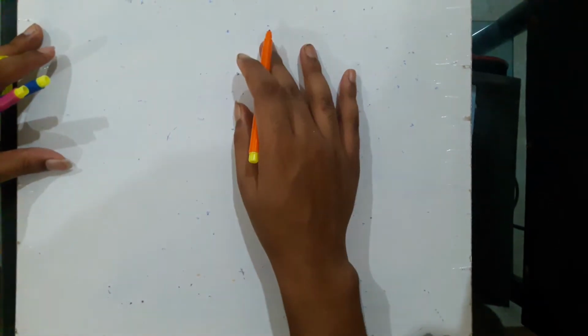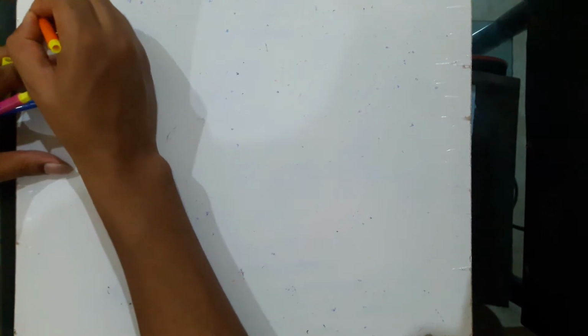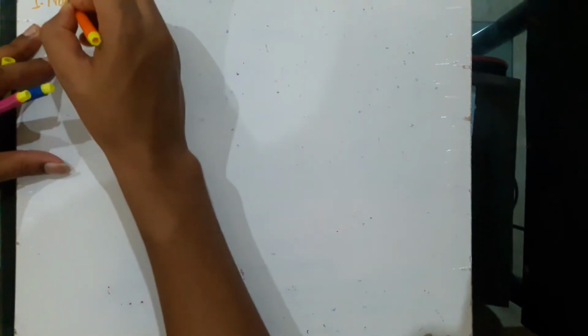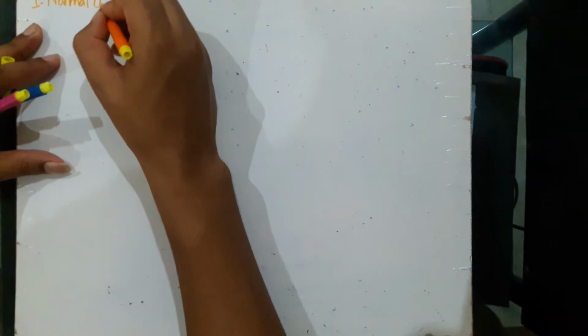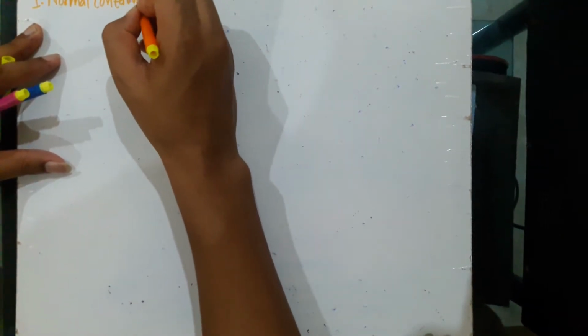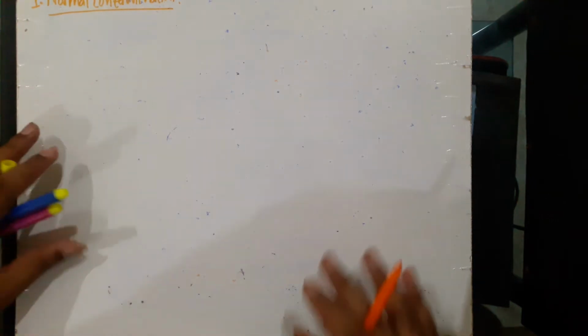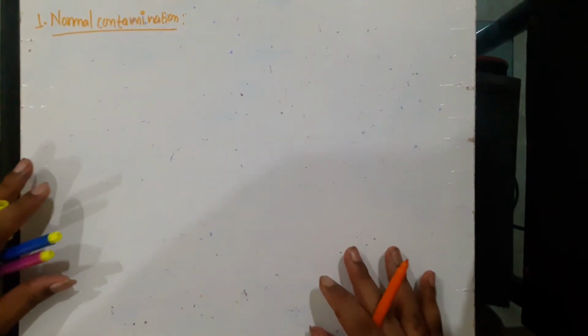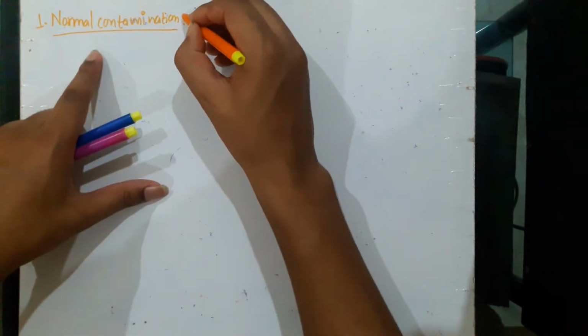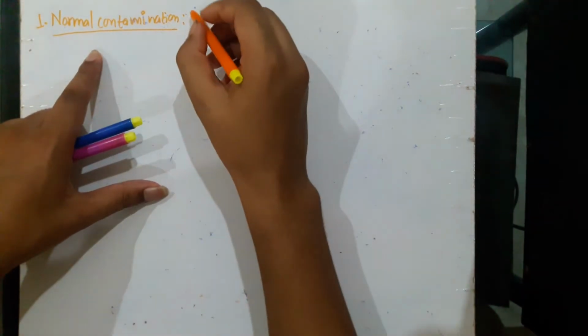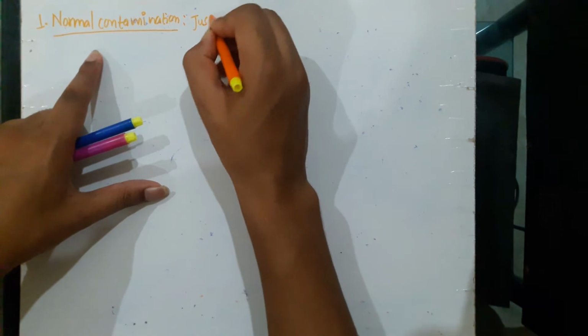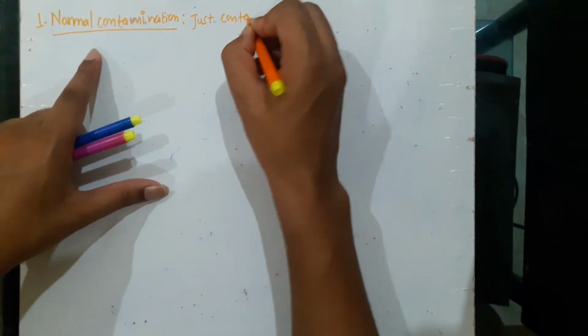I'll start from here. First is normal contamination. In case of normal contamination, there is no invasion of the tissues or underlying tissues. There is just a contamination, and it takes a bit longer than usual.